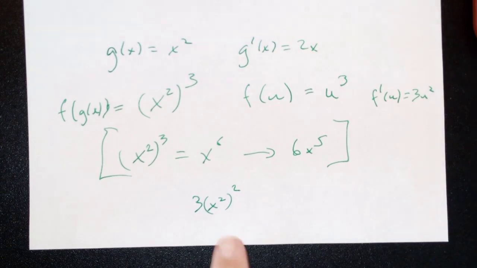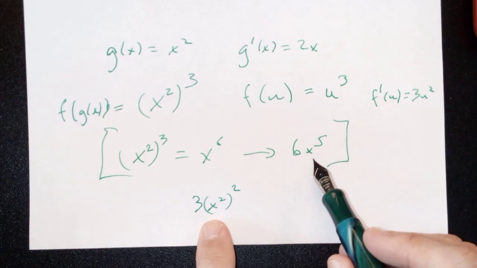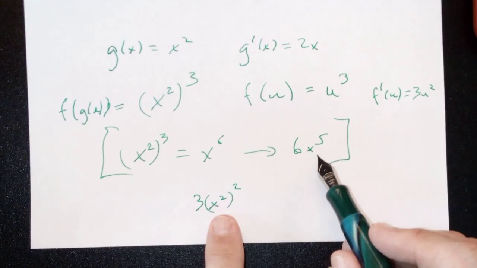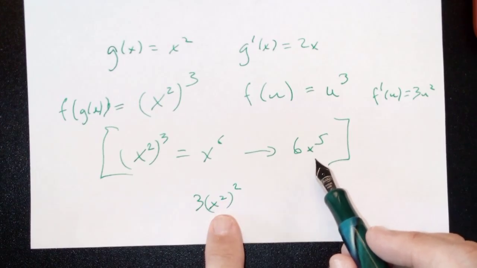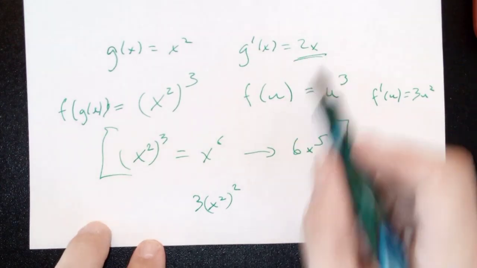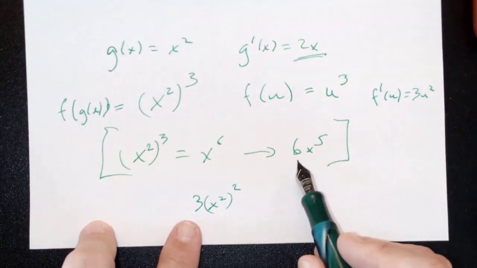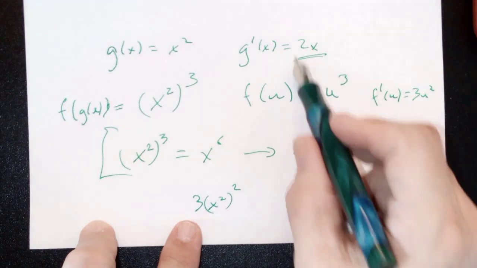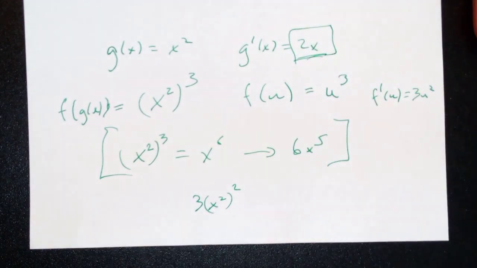Notice x squared squared is the same as what power of x? It's the 4th power. I'm off by 1x. I'm also off exactly by a factor of 2, aren't I? Exactly what is needed is the extra derivative from the inside.